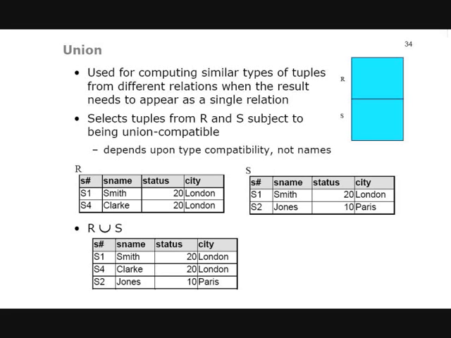So if we have a set A and a set B, the union is going to be all of the elements that are in A and all of the elements that are in B, or both. So it's going to be all of this and that.